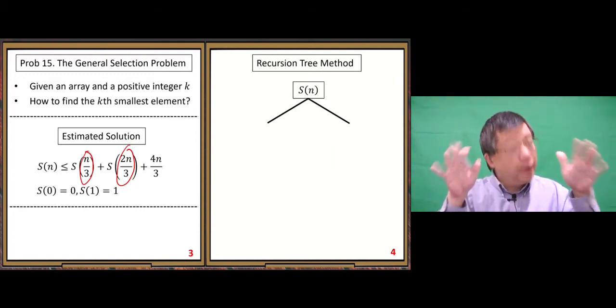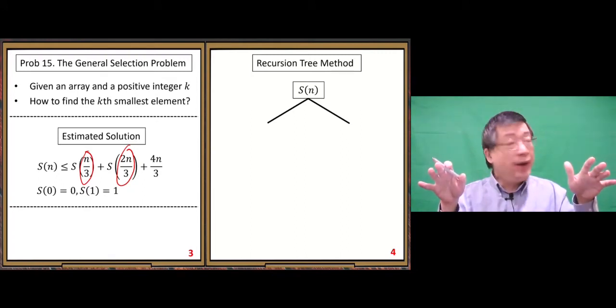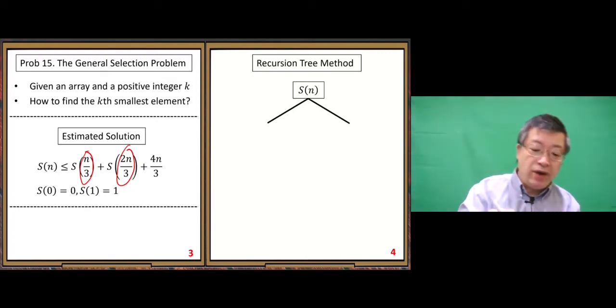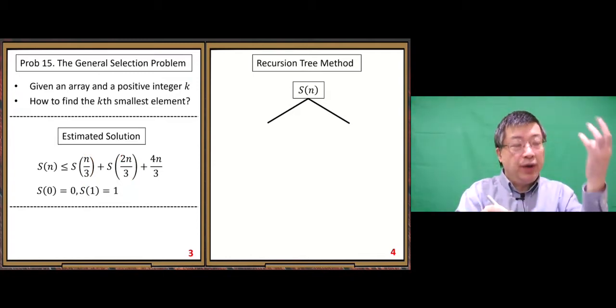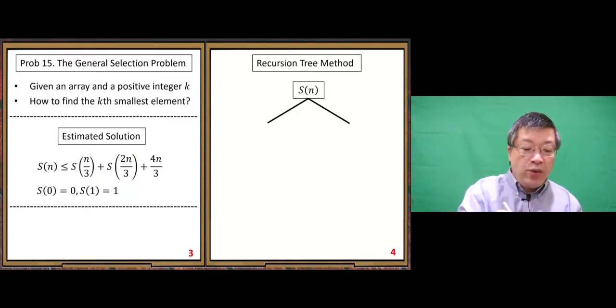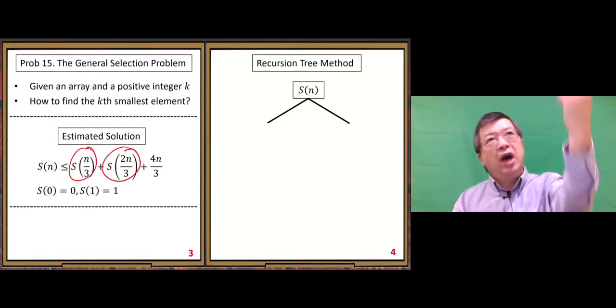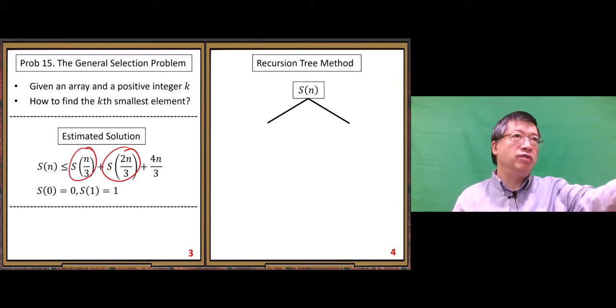So why two branches? Why not 3? Why not 4? Because if you look at the original non-recursive inequality, you can see we call the recursive function twice, not 3 times, not 4 times, twice.